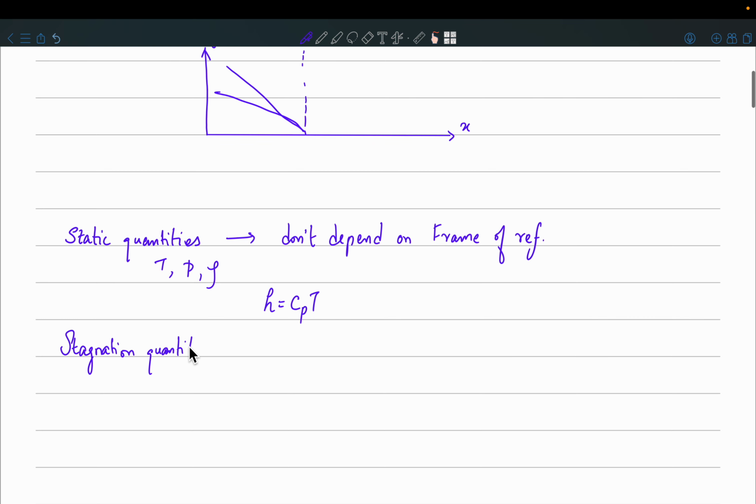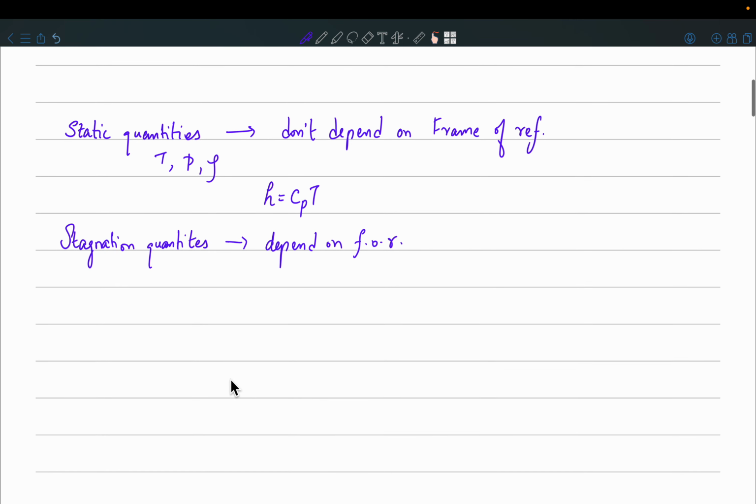Can you define for me what is, say, stagnation enthalpy now? Completely to rest. So you are saying that stagnation enthalpy is when the flow has been brought to rest. Is that all?